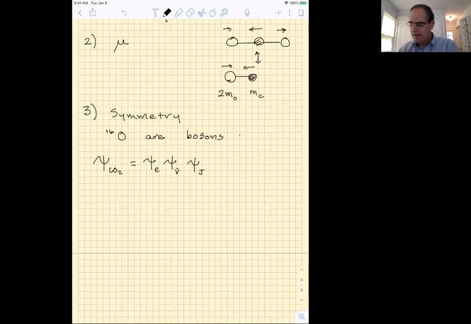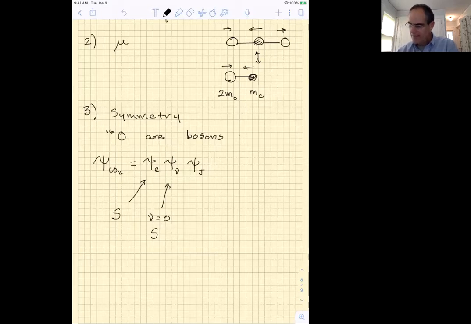Now, what's interesting is that in the ground state of the molecule, the electronic state is already symmetric under inversion. It's a sigma orbital, in other words. Moreover, in the vibrational ground state, where nu equals 0, the vibrational wave function is also symmetric. It's like the ground state of a harmonic oscillator.